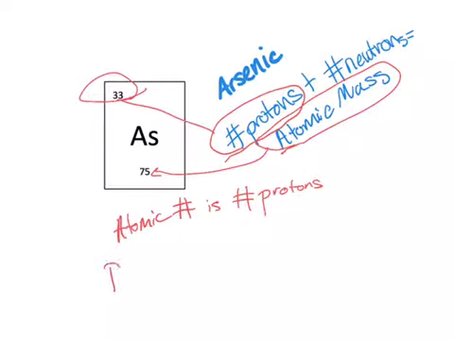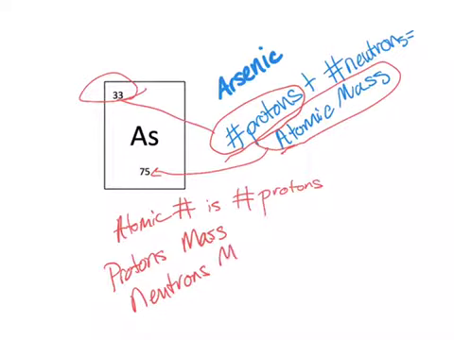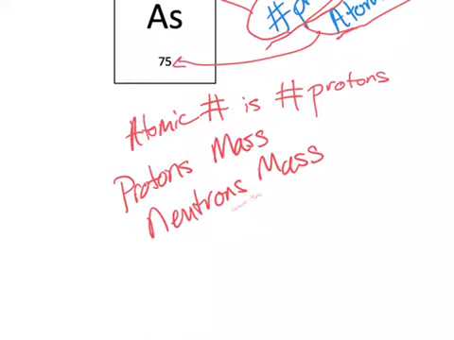So protons have a measurable mass. Neutrons have a measurable mass, and the mass of electrons, it exists, it has mass, is very small compared to the proton mass and neutron mass.